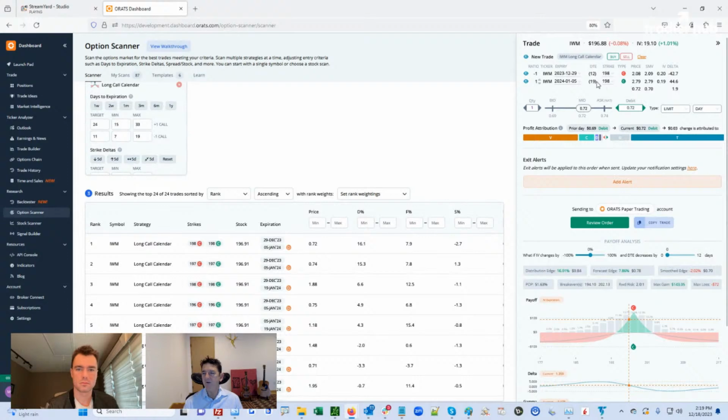This one goes 19 to 12. In your head, you could say this is right near the money. If it expires near this area, it should be a little less than $2. So that's going to go from 70 cents to $2. If you give it a chance to breathe, there's a good opportunity to make a lot of money on this.